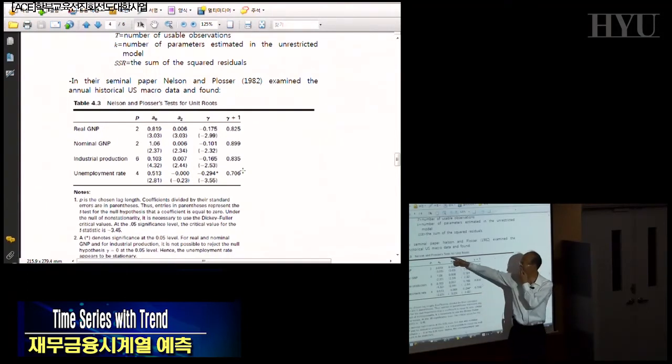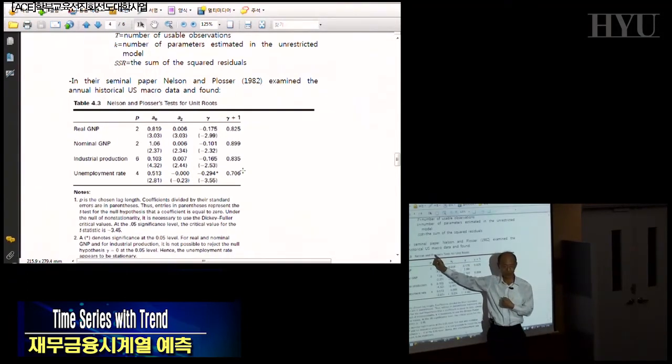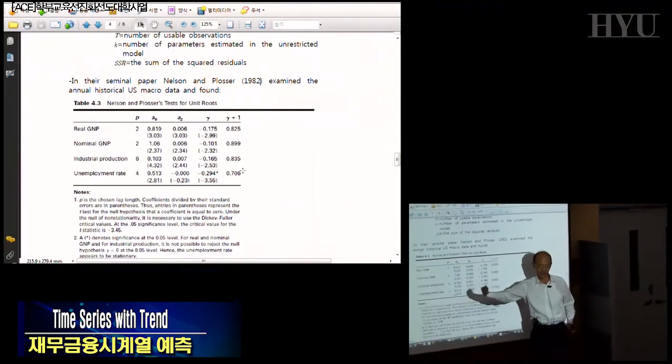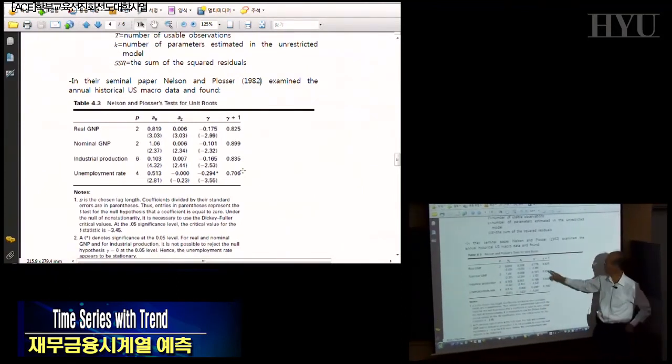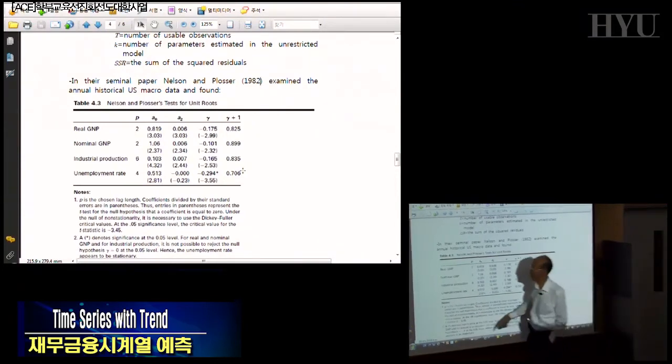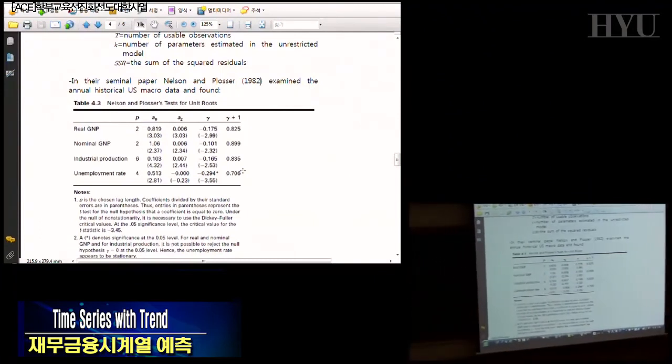That's what they found. P is the number of lags in the augmented expression, and this column is simply 1 plus this number. So actually, testing whether there is a unit root is the same thing as testing whether this one is 1, right?